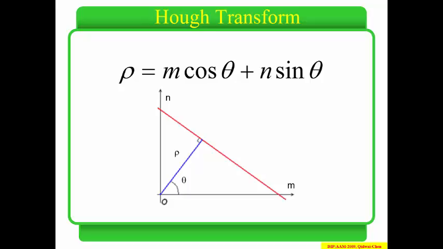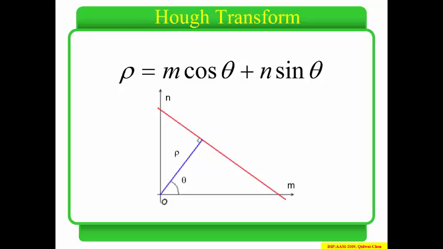If both of these 2 points satisfy this equation with the same rho and same theta. Okay? So for a certain rho and a certain theta, this equation is satisfied for both of these 2 points. So in this case, I can say that these 2 points fall on this line.